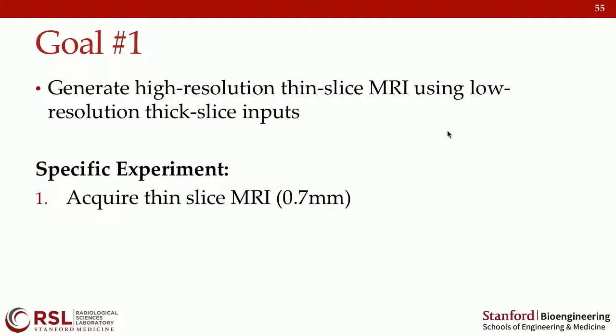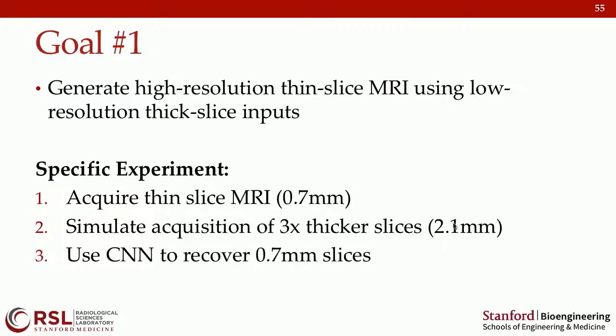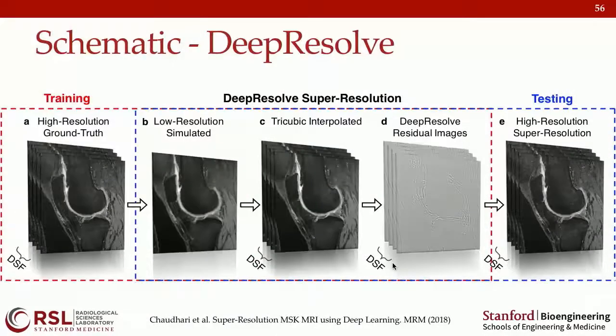So in this study from Akshay Chandari and Brian Hargreaves' group at Stanford, the idea here was to acquire thin slice MRI at 0.7 millimeters, simulate the acquisition of 3 times thicker slices, and then use a convolutional neural network to recover the 0.7 millimeter acquisition.